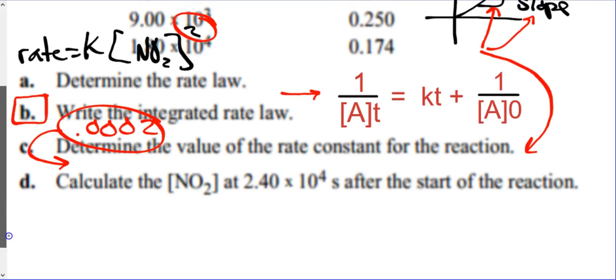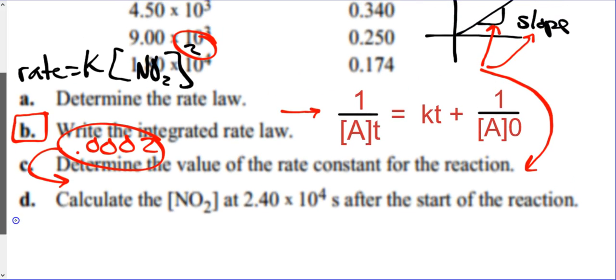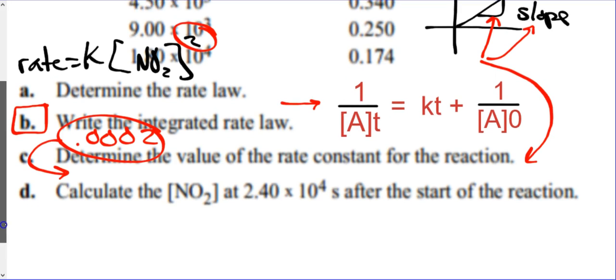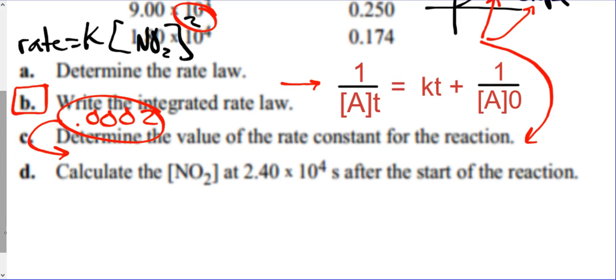Next, calculate the concentration of NO2 at 2.4 times 10 to the fourth. Okay, so we're solving for this value right here. Correct? All right.